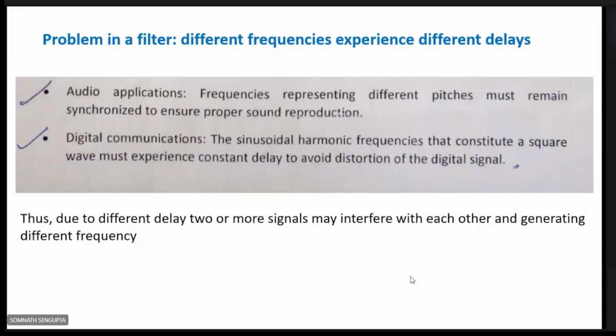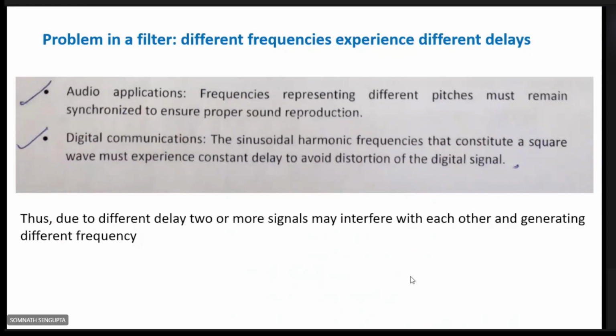A square wave consists of many sine waves, and all those sine waves should undergo the same delay. So this is very important in audio applications and digital communications, that a linear phase filter provides constant group delay.